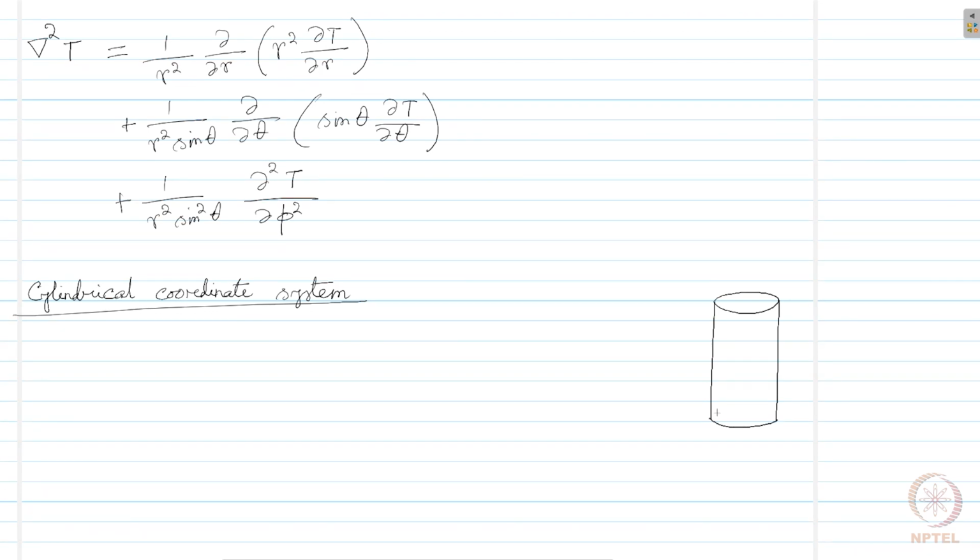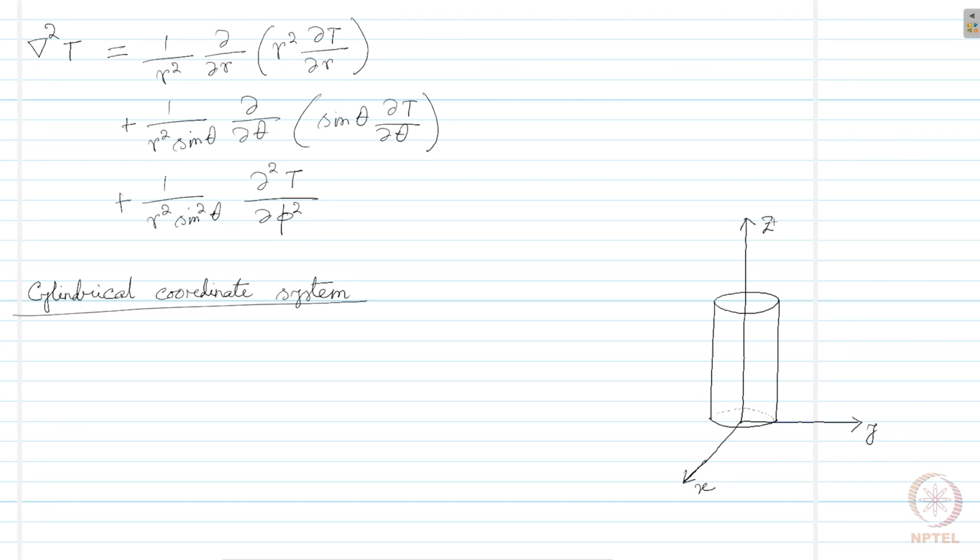And the Cartesian coordinate system reference for this kind of a system is given as this. This is our x axis, this is y axis, and this is the z axis.